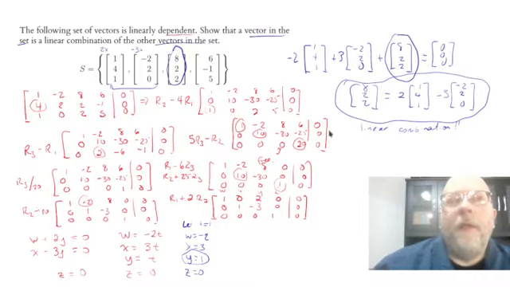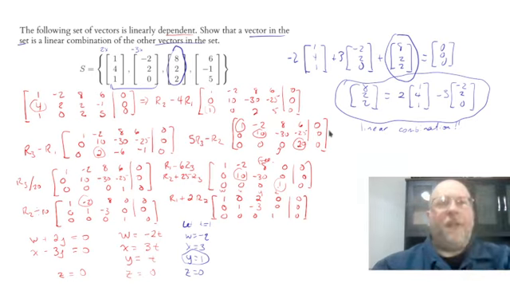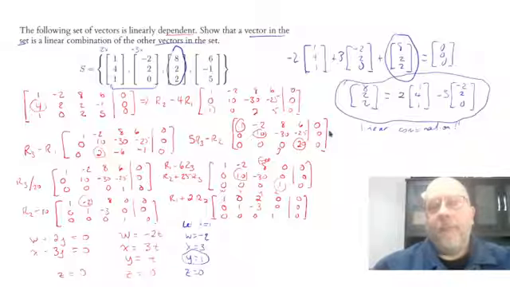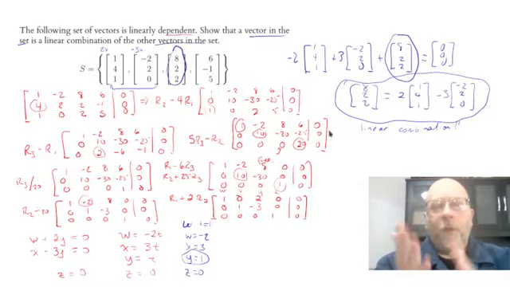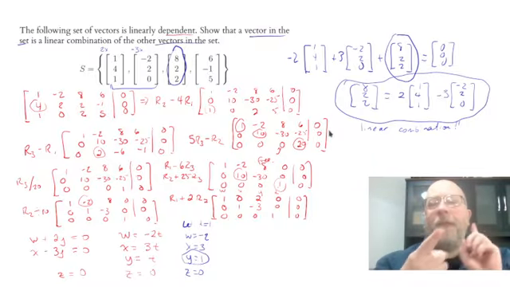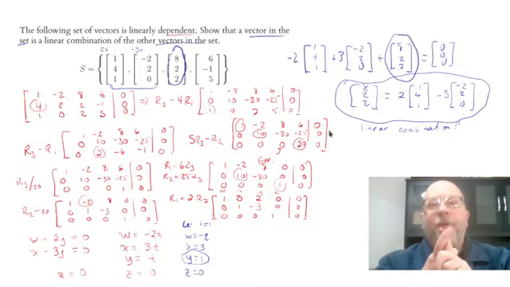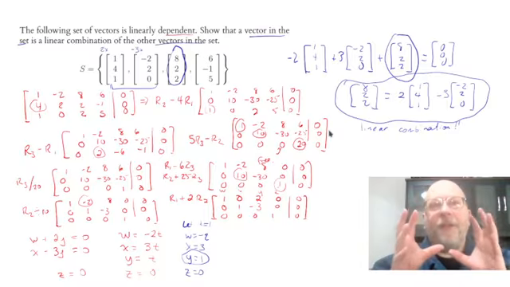Not necessarily a fast way. We've seen a lot of work here to get to this result, but it's another fact about linear dependence. So what do we know so far? If a set is linearly dependent, 0 is a linear combination in more than one way. In fact, everything that's a linear combination can be done in more than one way. And the set of vectors is concealing a linear combination inside the set.